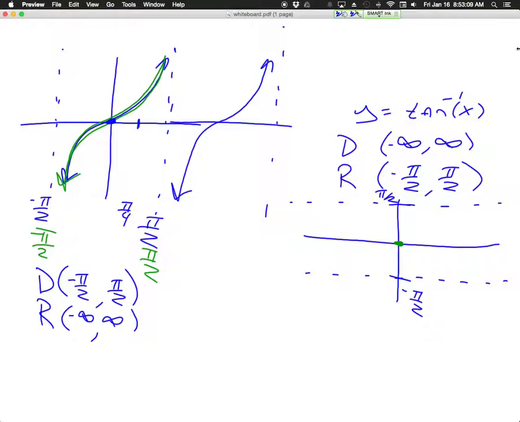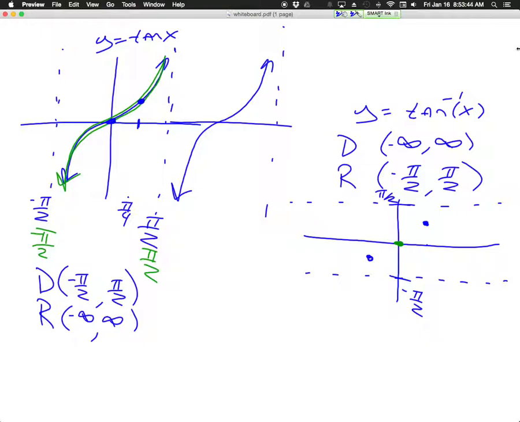What's the amplitude of regular tangent? 1 is. So halfway in between here, what y value should I be at? I should be at the y value of 1. So that means over there, what ordered pair do I want? I want 1 and pi over 4. So we're going to do 1 and pi over 4, which is right there. And this is the opposite of it, so it should be over there.